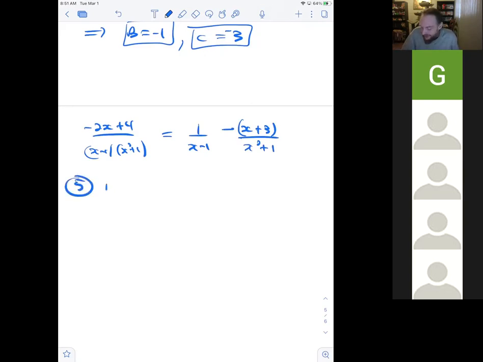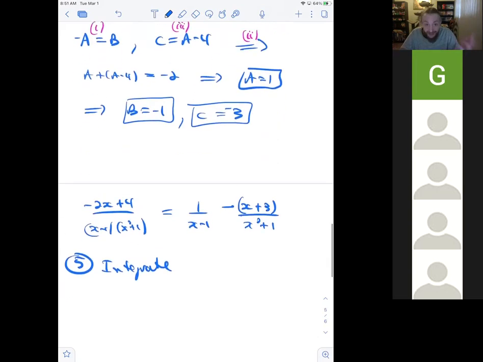Therefore, we want to integrate, finally. So this is the partial fraction decomposition game. Make sure it's proper. If it's not, use long division. Once it's proper, factor the denominator into linear terms and irreducible quadratics. Once I've done that, I make my partial fraction guesses. Then I have to use linear algebra or whatever else to solve and find those coefficients.